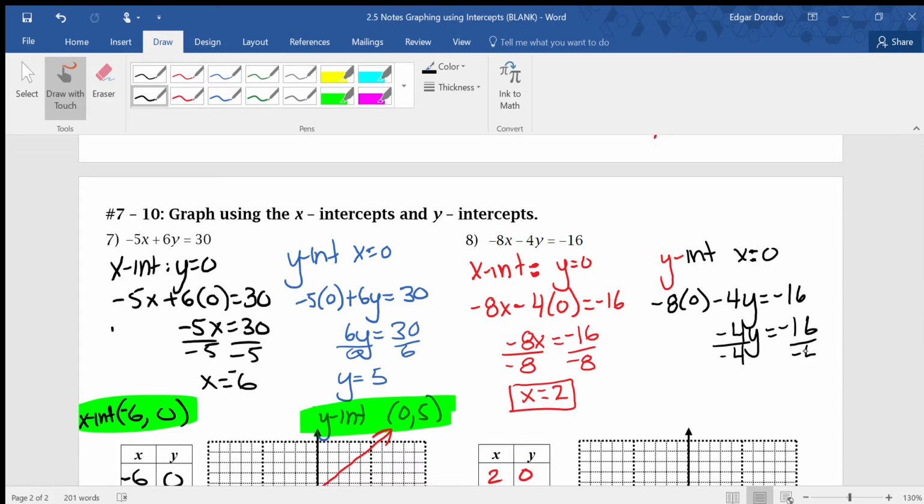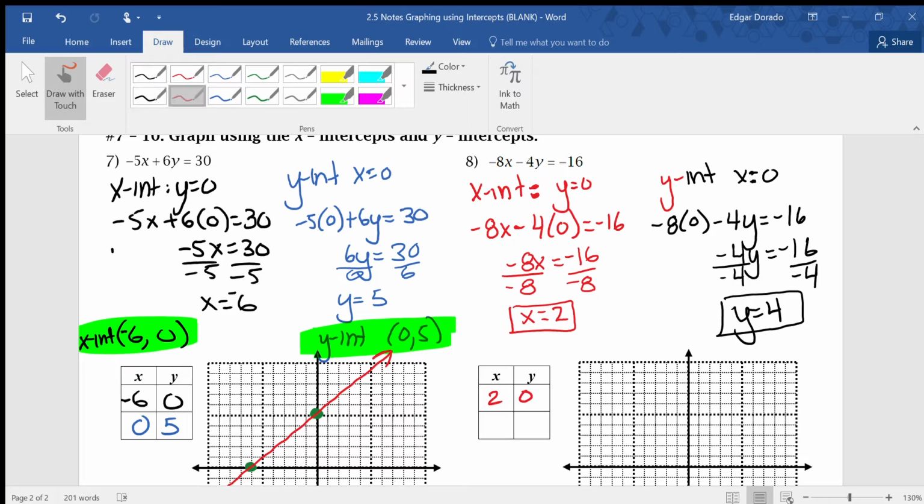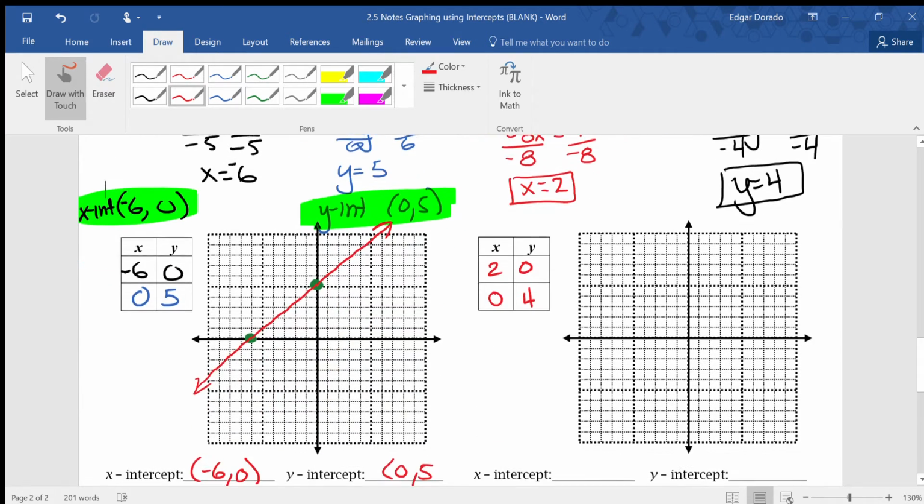Divide by negative 4, we get y equals 4. Once again, we have a y-intercept here, and this particular one is (0, 4). So let's go ahead and graph both of those points on our graph.